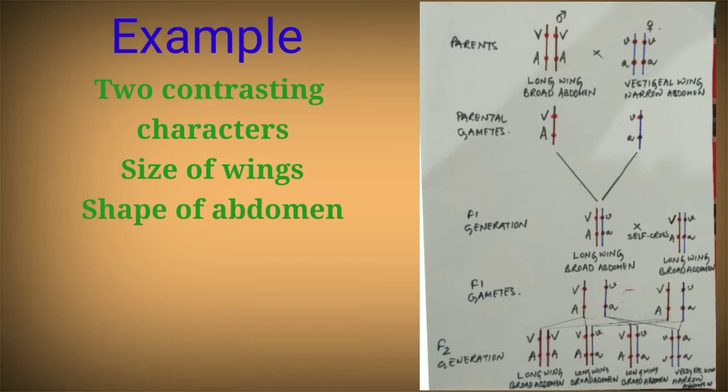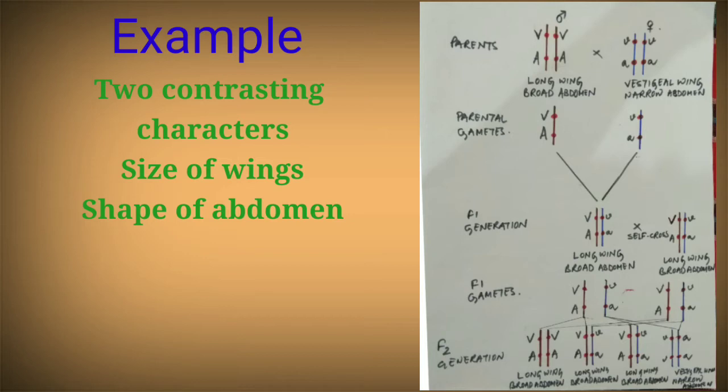Now this long wing broad abdomen parent will bear gametes with long wing and broad abdomen genes, and the female parent will bear gametes with the vestigial wing and narrow abdomen genes. And these genes are the linked genes, as they are present on the same chromosome.